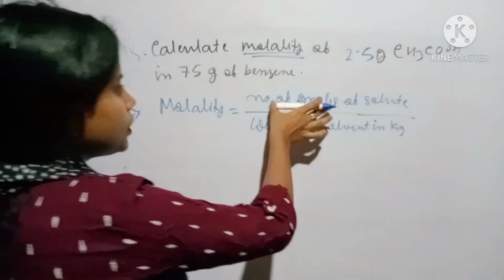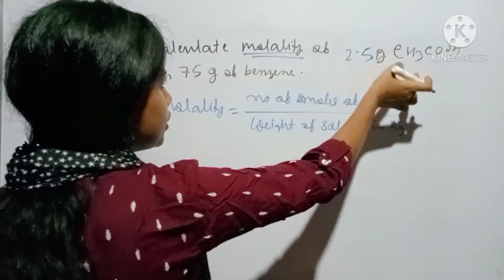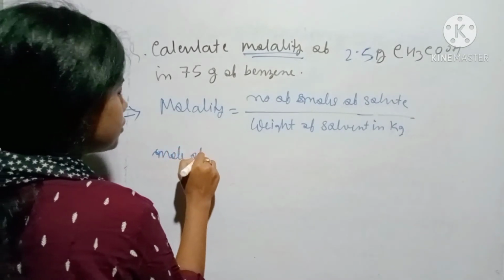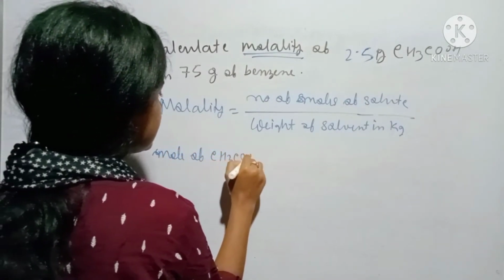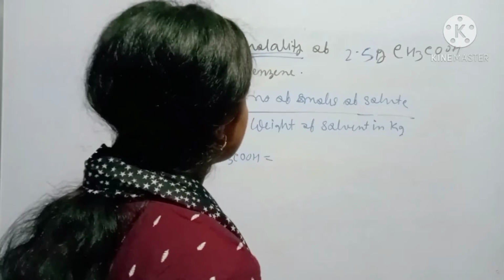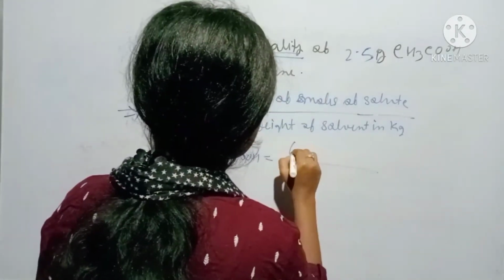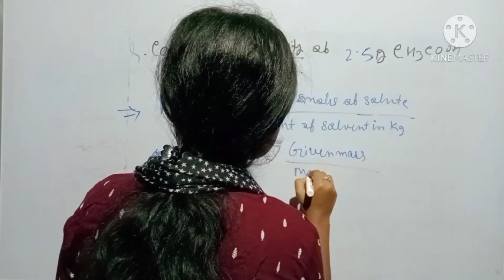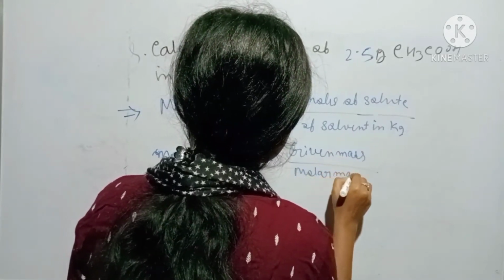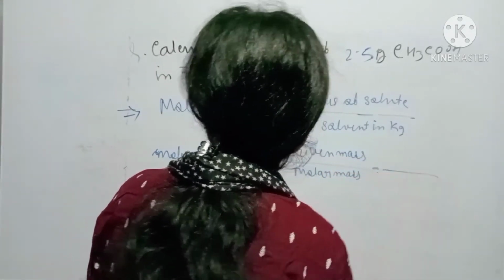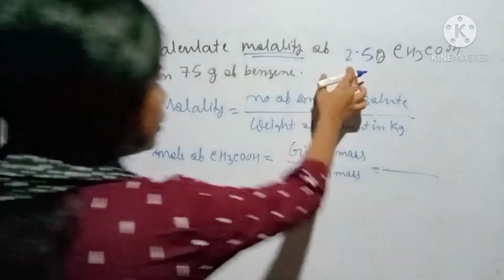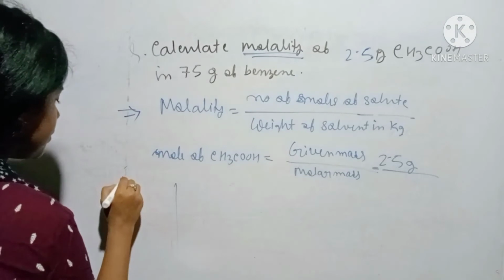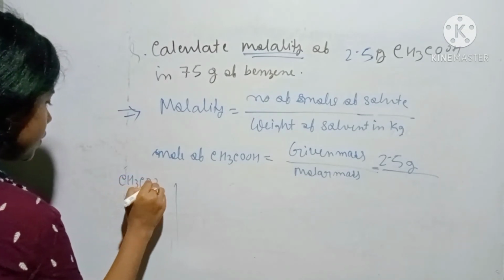First of all, we have to calculate the moles. To calculate the moles of ethanoic acid, we have to divide the given mass by the molar mass. Here the given mass is 2.5 gram, and we have to calculate the molar mass of CH3COOH.